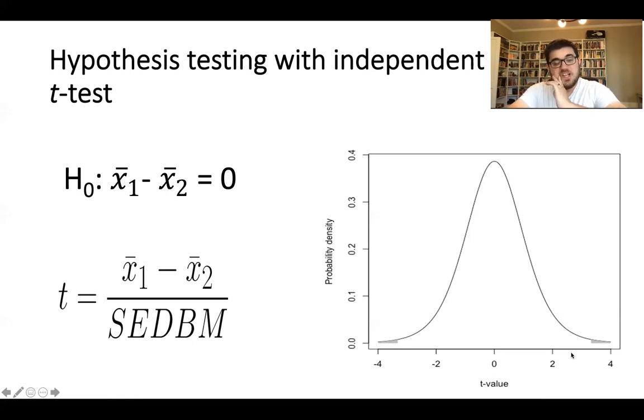That means there's less than a 5% chance of seeing an observation this low or lower, or this high or higher, when you assume the null hypothesis is true. This should sound really familiar if you're grasping the relationship between distributions, null hypotheses, test statistics, p-values.